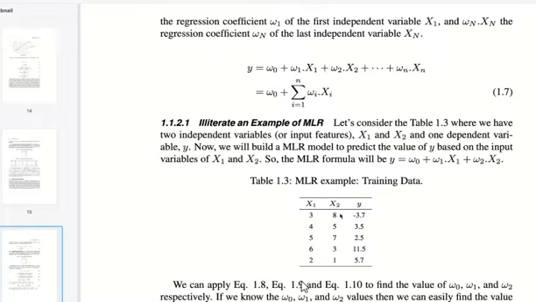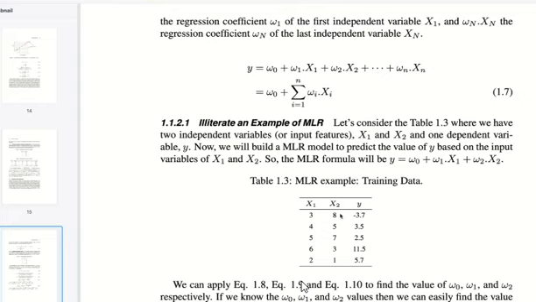The equation is the same way of finding the value of y. Is this 1.7 derived from 1.1? Here we have the intercept, slope 1 times x1 plus slope 2 times x2 plus dot dot dot slope n times xn. We can simply write this equation as omega 0 plus the summation of i from 1 to n of omega i times xi.